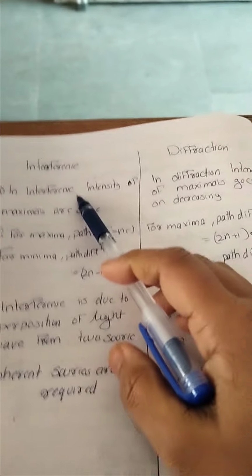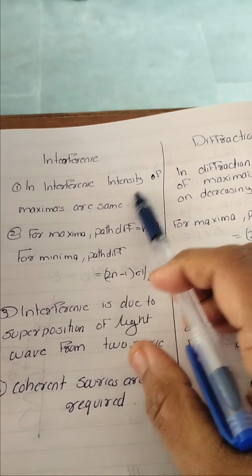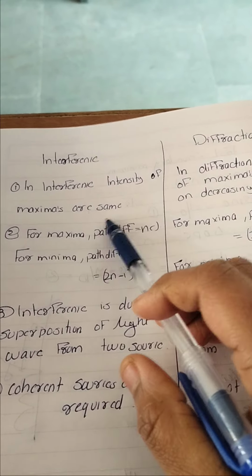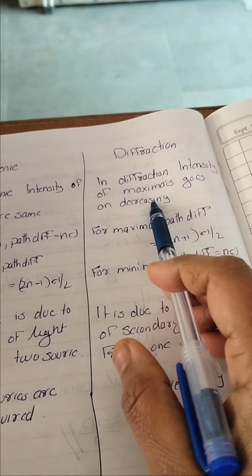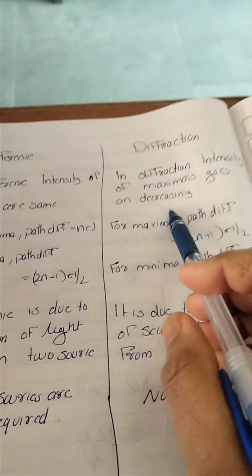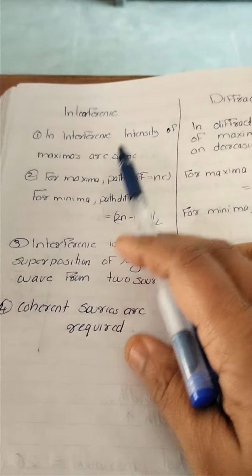The last topic of the chapter: difference between interference and diffraction. What is interference? In interference, intensity of maxima is the same. But in the case of diffraction, intensity of maxima goes on decreasing. Just now we have told that maxima intensity always decreases in the case of diffraction, but in interference, maximum intensity is always the same.